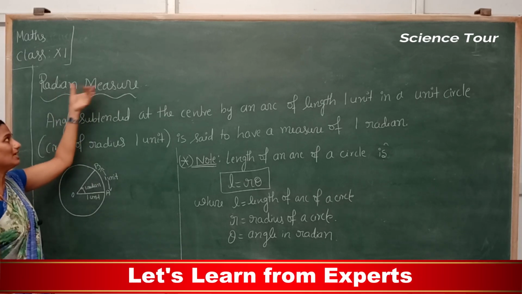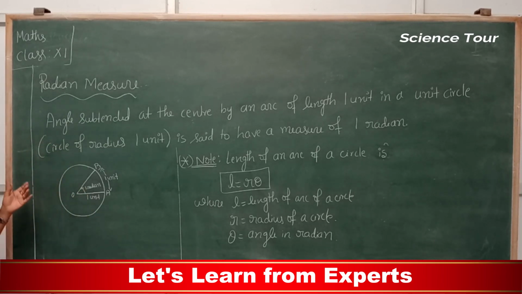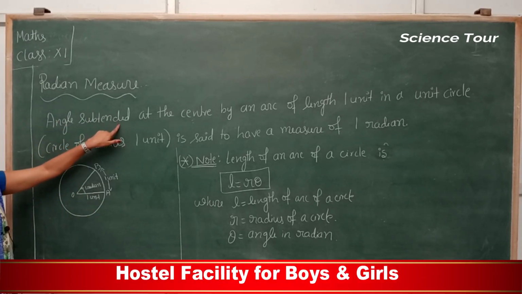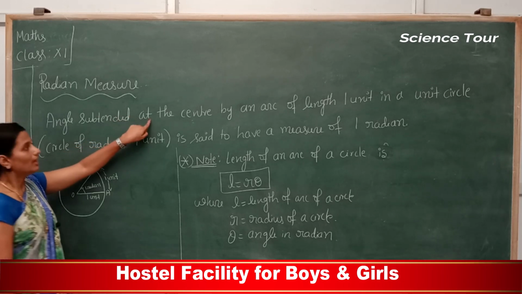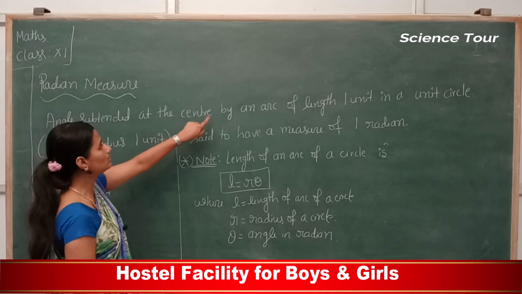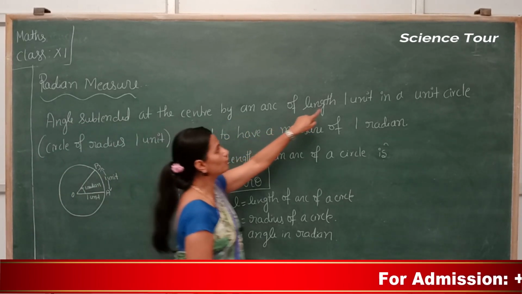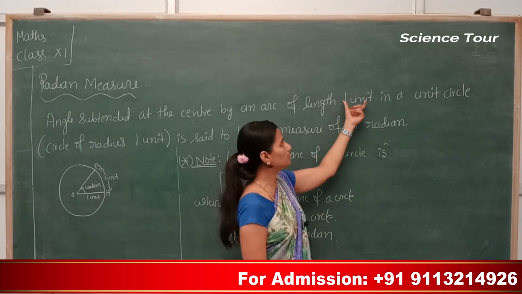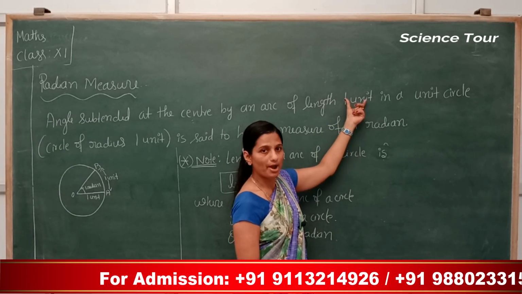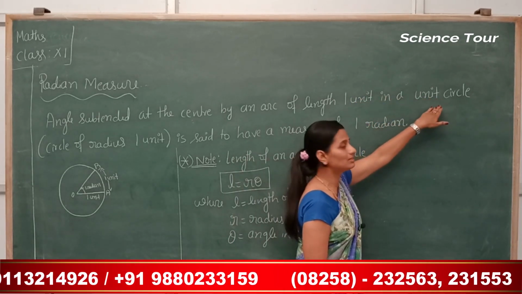Now here is radian measurement. What do you mean by radian measurement? The definition is: angle subtended at the center by an arc of length 1 unit. 1 unit means 1 meter or 1 centimeter, whose length is 1 in a unit circle.